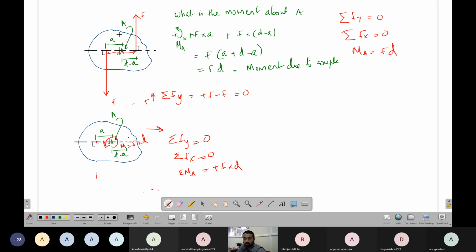The sum of all forces is 0 and the moment is F into D. Both are equivalent systems. Now, again we'll take that body.